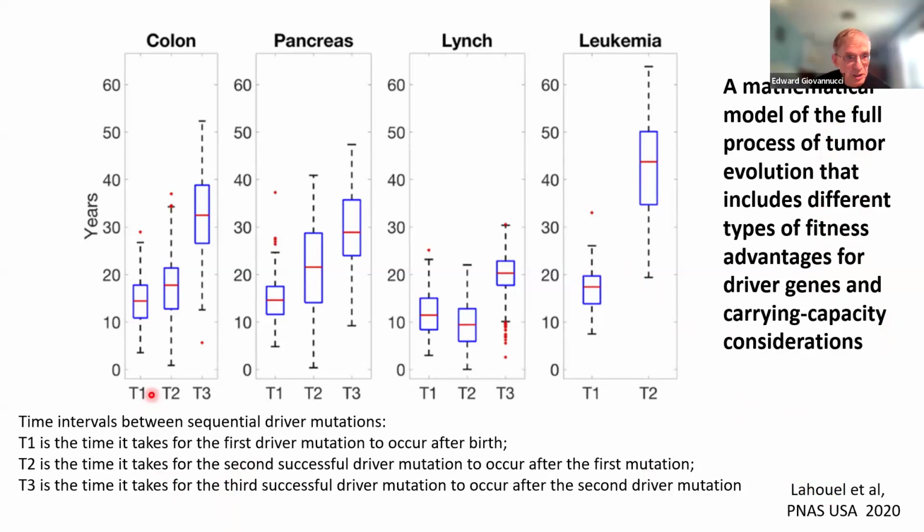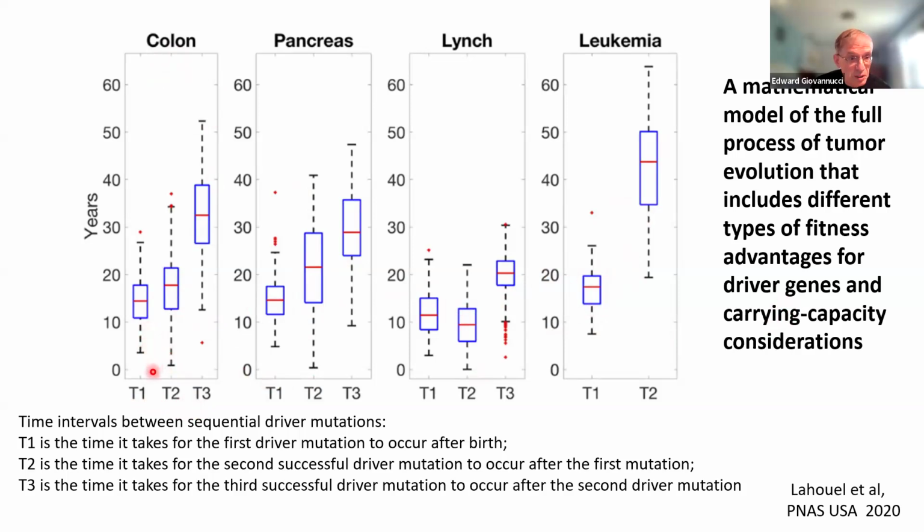These are estimates. They assume the three driver mutation model for these cancers. I'll focus on colon, but you can see it's pretty similar for other cancers. Leukemia actually only needs two driver mutations in this model.